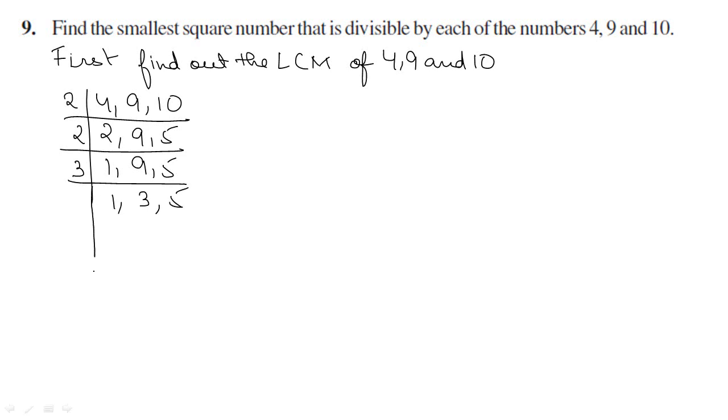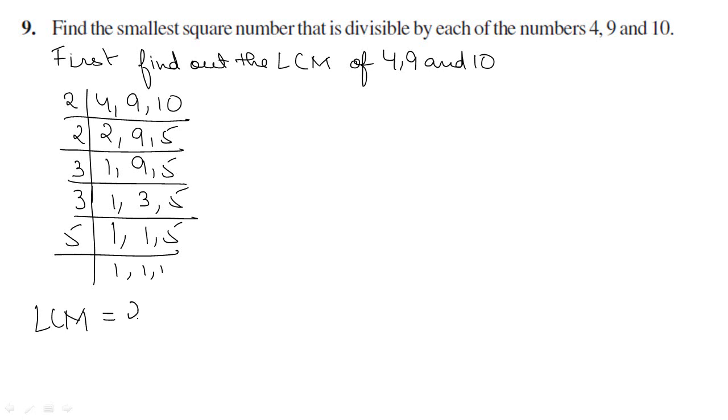So the LCM of 4, 9 and 10 is equal to 2 into 2 into 3 into 3 into 5. So what is the number? 2 2s are 4, 4 3s are 12, 12 3s are 36 and 36 into 5 is 180. Right? So 180 is the number.